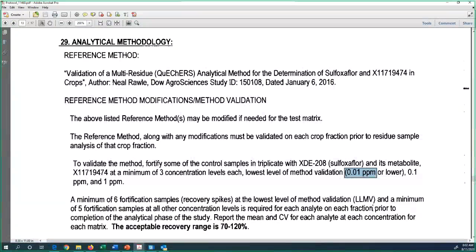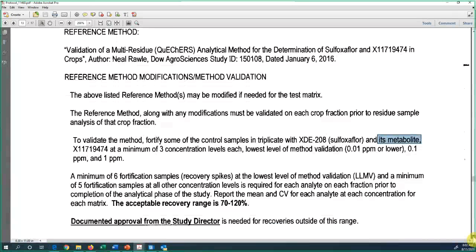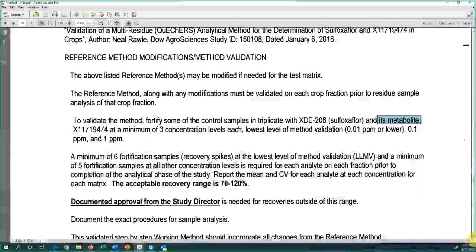And we do 0.1 and 1, so we get very good range of the residue range in the work. Okay. And in most cases, sometimes we do see a little bit parent. That's typical, but metabolite most cases is low. So that's something we always see now. This is our general, that's common sense, scientific common sense. Okay, now we just count how many times we talk about the study director. How could we justify recovery more than 100%?